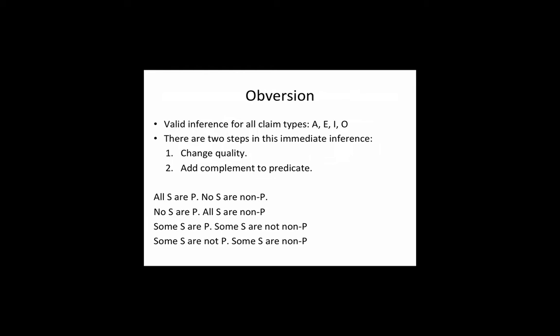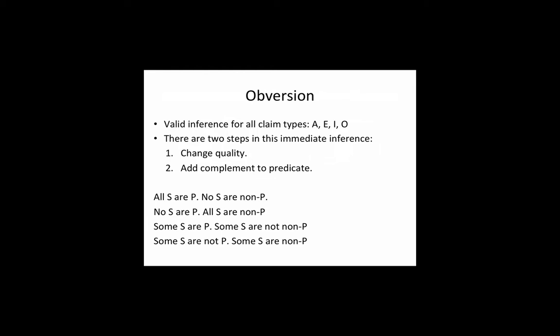So first off, obversion. Obversion is the most robust immediate inference involving manipulation of a proposition's internal structure. It's the most robust because it's valid for all four claim types on both the traditional and modern interpretations. So here's what we do. We take a proposition and we change its quality.